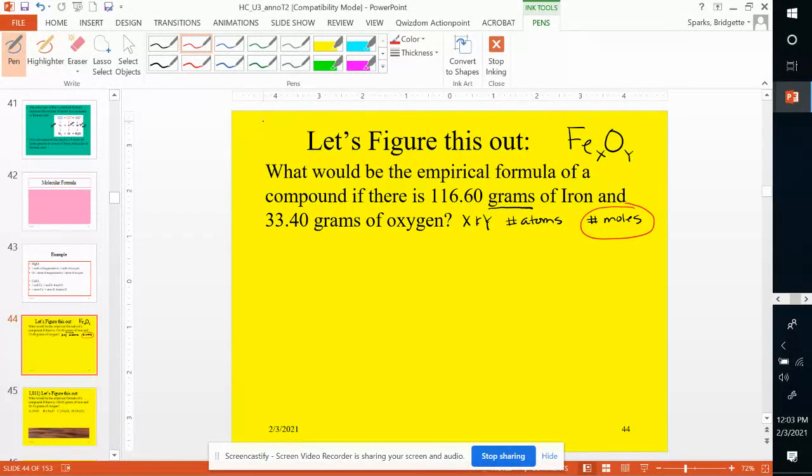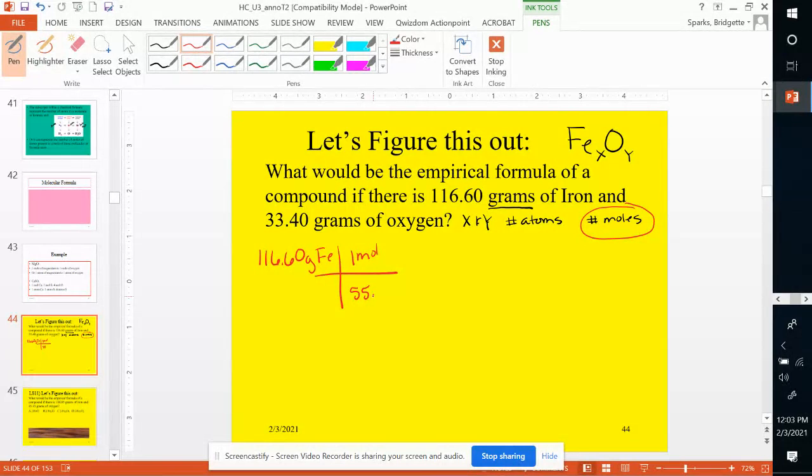Our first step is to, yes, we are going to calculate the moles of each of these materials. So I'm going to take that 116.60 grams of iron, and I'm going to convert to moles, which is why we learned how to calculate moles first. Let's actually get the molar mass of iron from the periodic table.